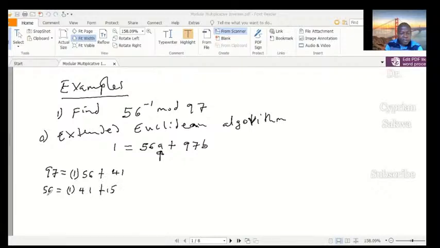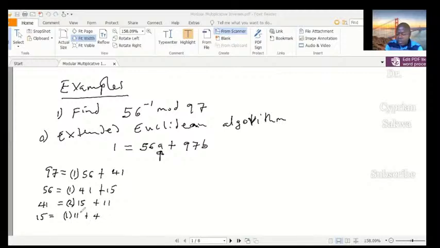You just divide 56 by 41 and see what the remainder is. Then 15 goes into 41 how many times? This one is twice, because 2 times 15 is 30, and the remainder will be 11. 11 goes into 15 how many times? 11 goes there once, and the remainder is 4.